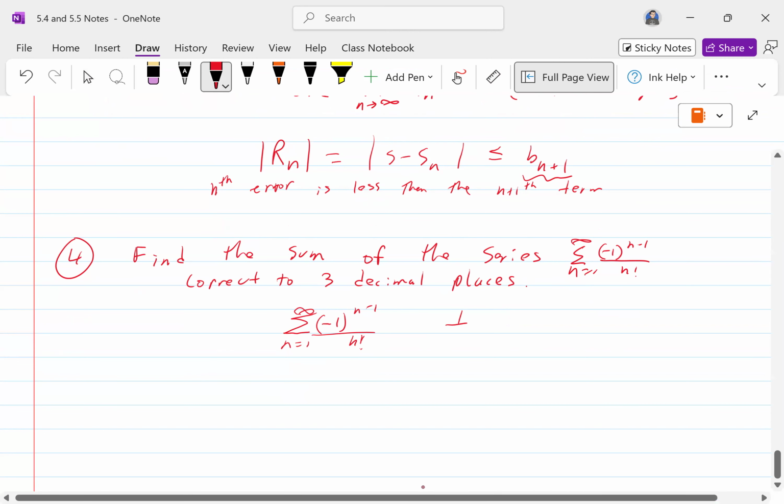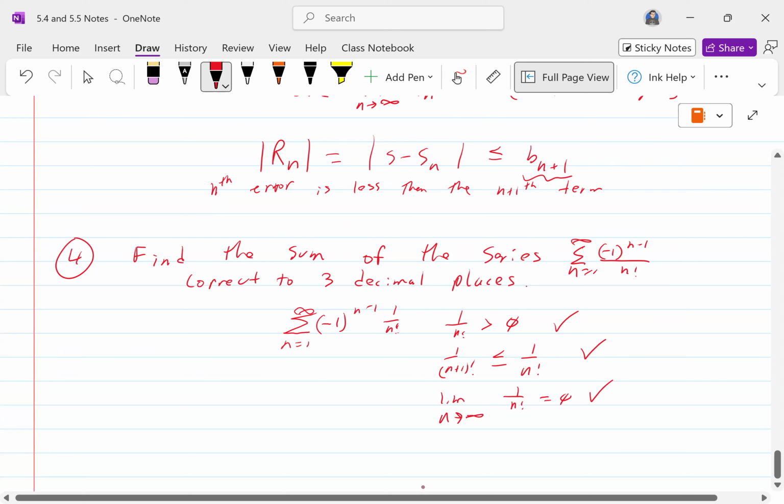Let me write it like this, 1 over n factorial. Is 1 over n factorial greater than 0? Yes. Is 1 over (n+1) factorial always less than 1 over n factorial? Yes. Is the limit as n goes to infinity of 1 over n factorial equal to 0?